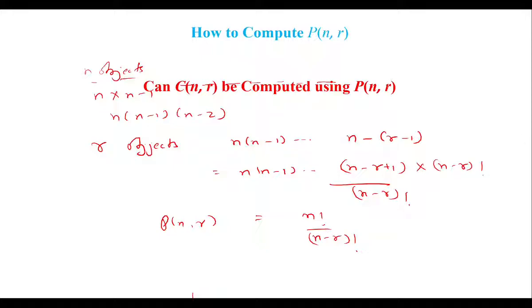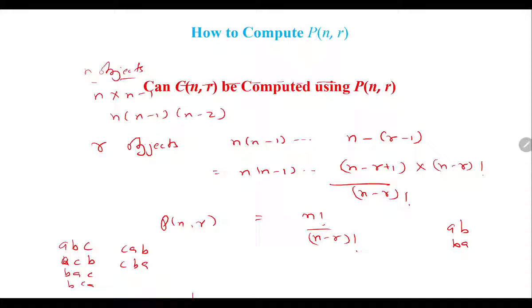Now if I have to compute C(n,r), see the difference between P(n,r) and C(n,r). It is a difference of order only. In P(n,r), AB and BA are different, but in C(n,r) they are not. If you see the three letters ABC, then ACB, BAC, BCA, CAB and CBA, all these six are different.